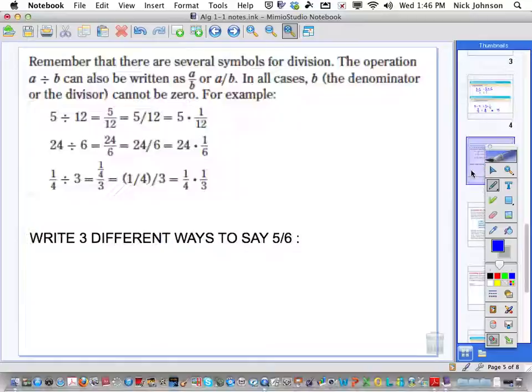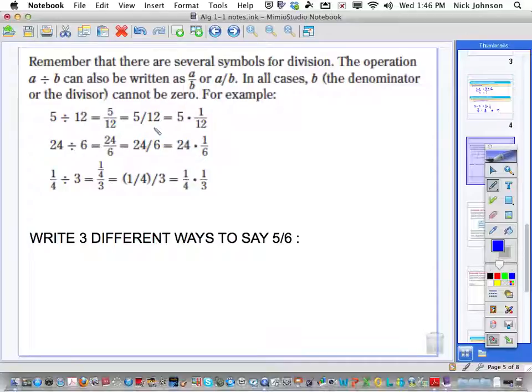Moving along. It says, remember that there are several symbols for division. The operation A divided by B can also be written as A over B or A backslash B. In all cases, B, the denominator or the divisor, can never be 0.